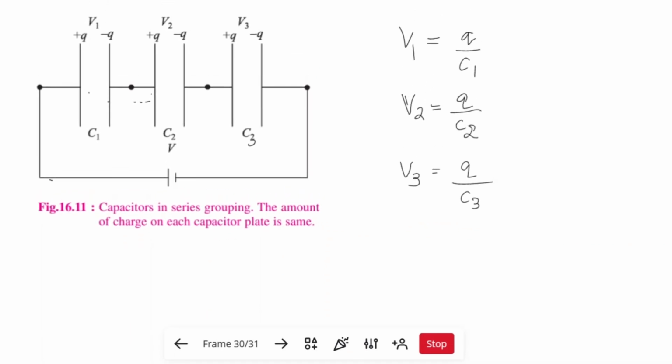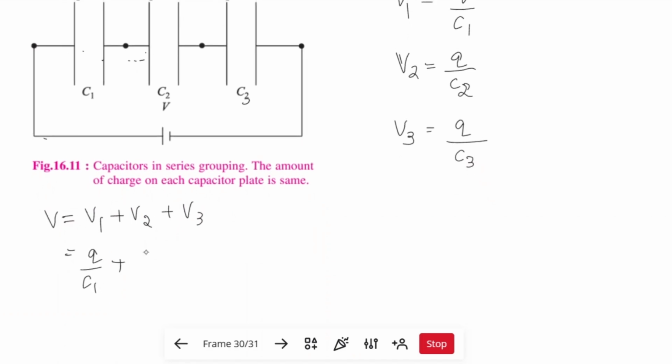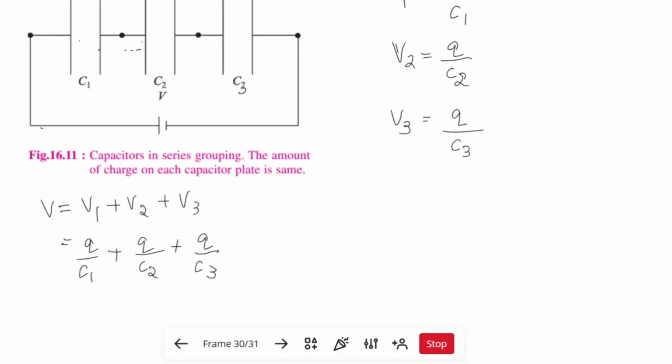Each capacitor in series develops a different voltage, and the voltage across the series combination is the sum of the individual voltages. So the total voltage across this combination can be written as V is equal to V1 plus V2 plus V3, which can be written as Q by C1 plus Q by C2 plus Q by C3.